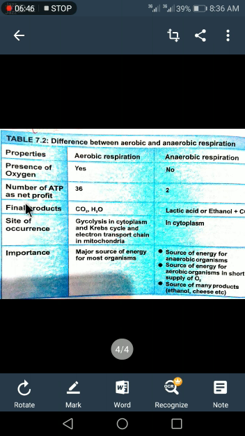Similarly, the number of ATP in aerobic respiration is 36, while during anaerobic respiration, when one glucose molecule breaks down, only two molecules of ATP are produced.